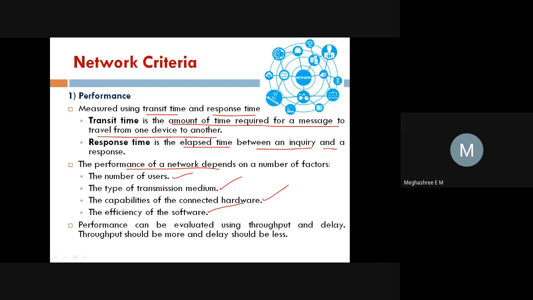These four also decide the performance of the network. And the last one, the performance also depends on the throughput and the delay of the network. The performance of a network is good if the throughput is more and delay is less. Okay, this is all about the performance.